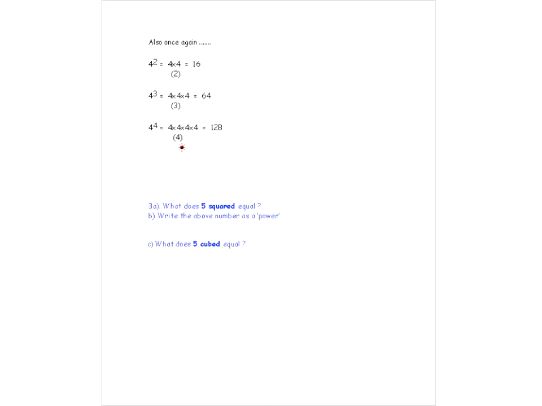You might not need to. 125, that's right, because it's 5 times 5 is 25, and then times another 5, that's going to give us 125. Good stuff. All right, so let's go to the next screen.